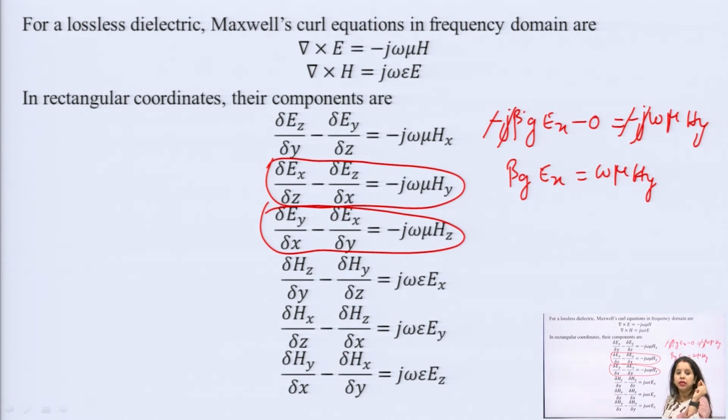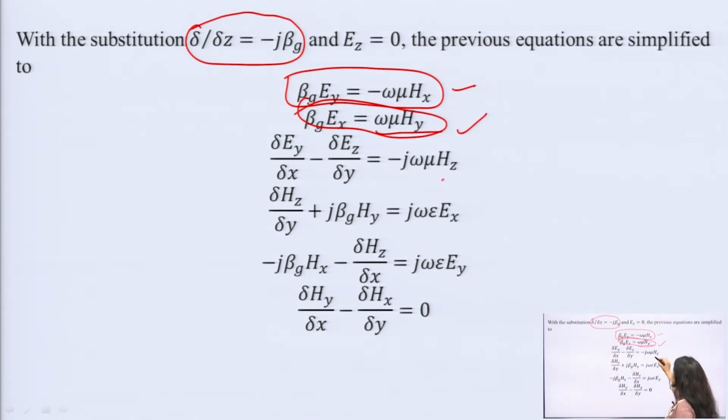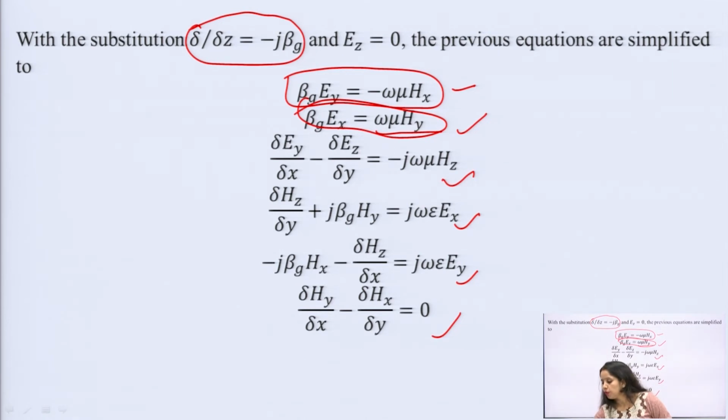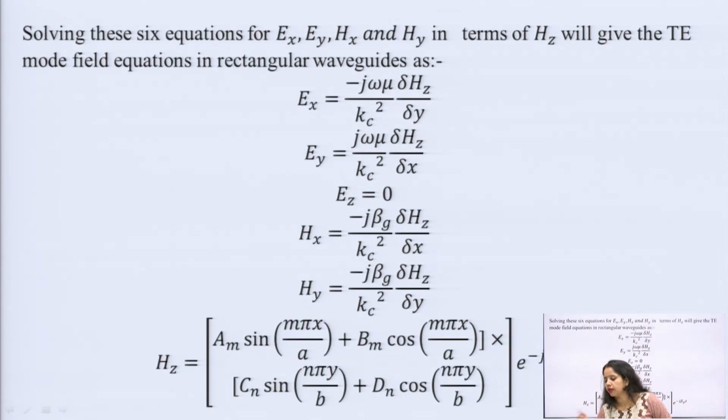With del upon del z equal to minus j beta g and Ez equal to 0, you are able to get these expressions, and they are in the same order as in the previous section.